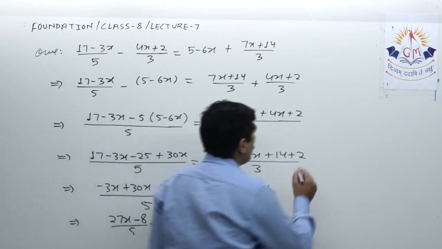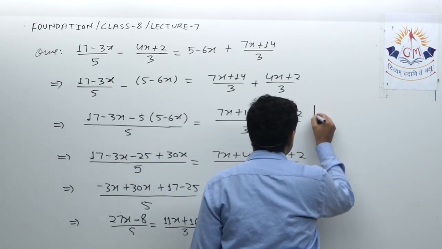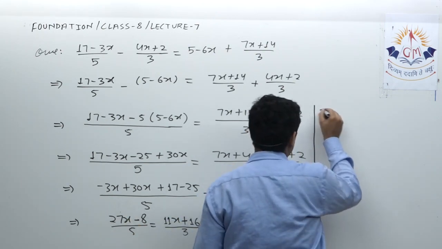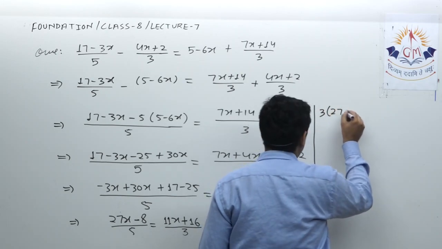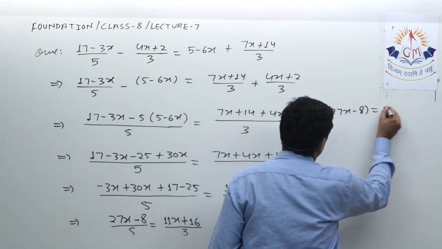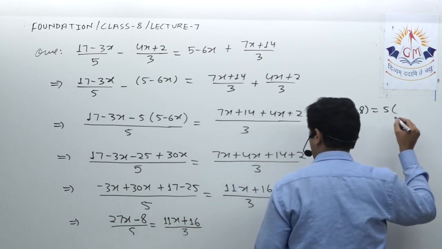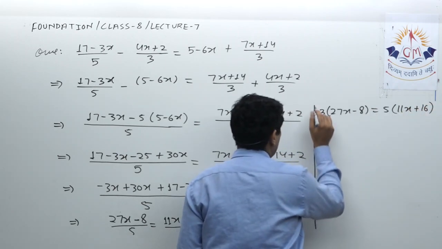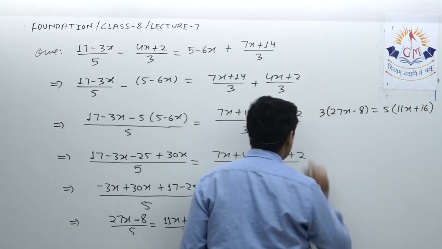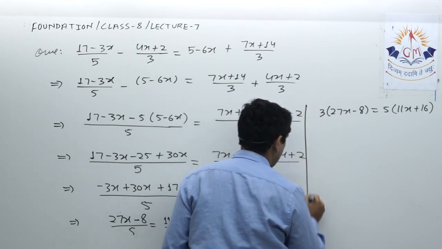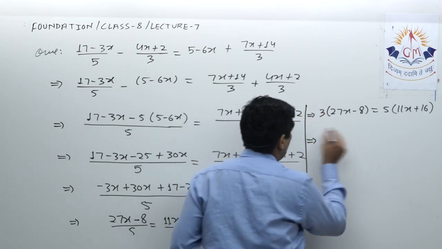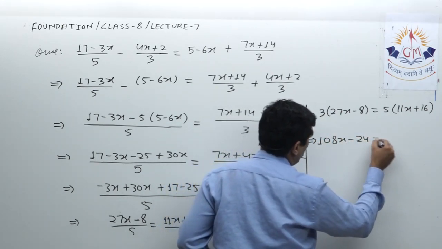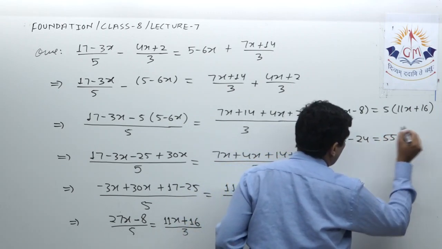Now I will do the cross multiplication. So 3 will come over here, so 3 multiplied by 27x minus 8 is equal to 5 multiplied by 11x plus 16. Now over here 27 into 3, that is 108x minus 24 is equal to 55x plus 80.